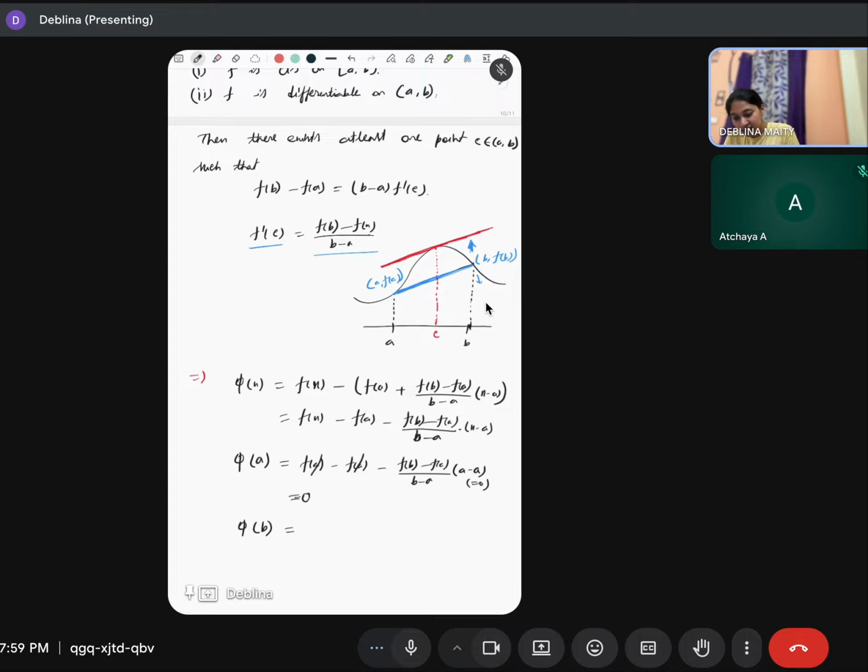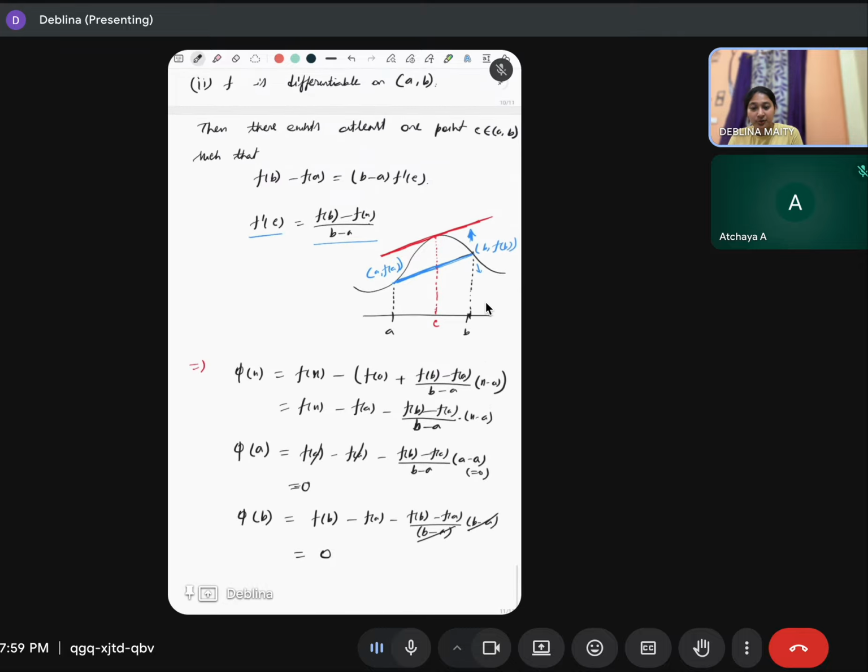What is phi b? Phi b is f b minus f a minus (f b minus f a) into b minus a. Now these two will cancel out, so it will be 0. So phi a equals phi b.